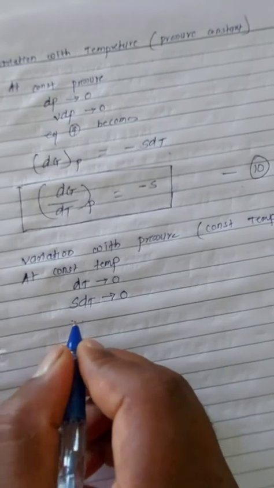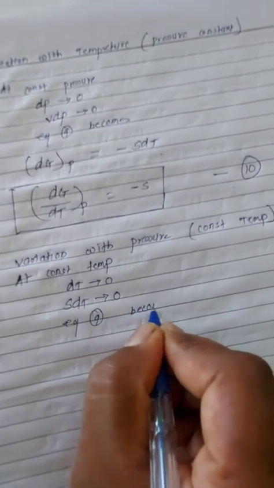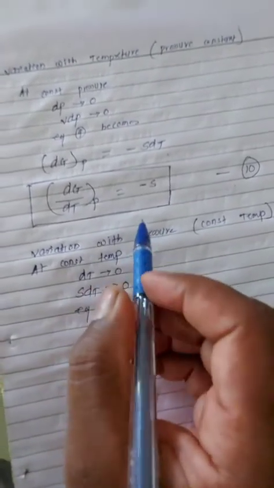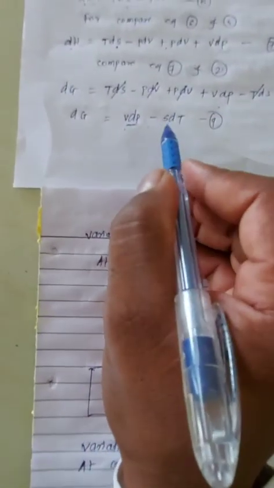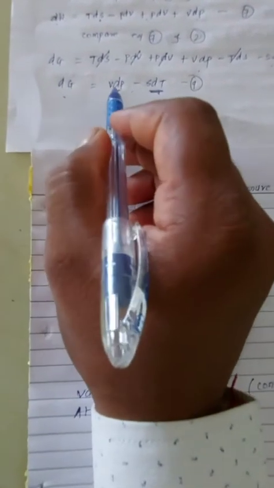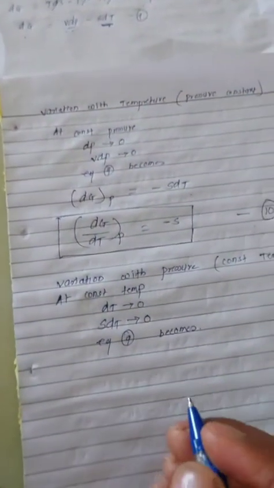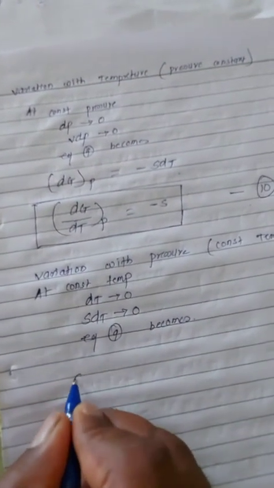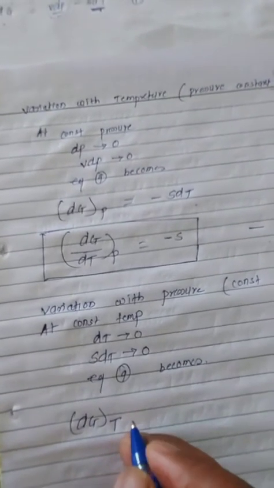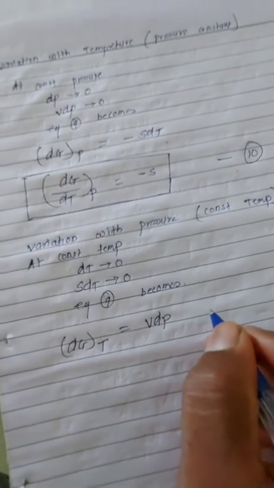Then again equation 9 becomes, in equation 9, in that case the S dT term is 0. Now dG at constant temperature is equal to V dP.